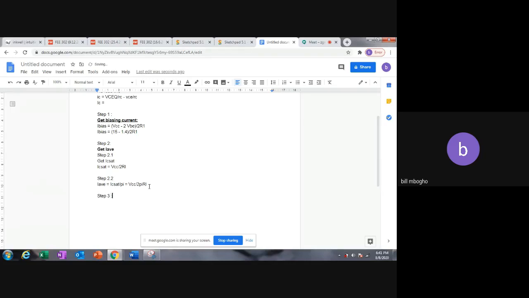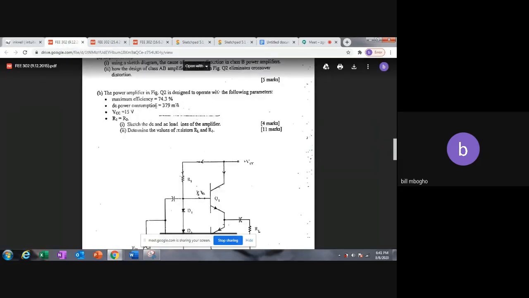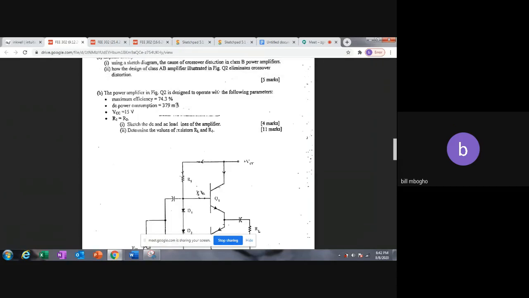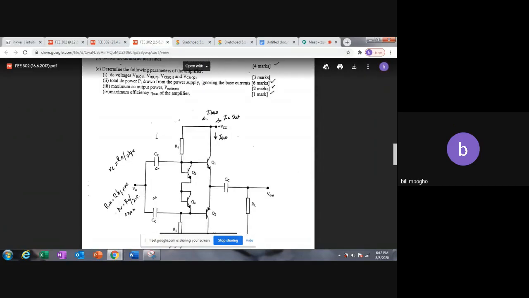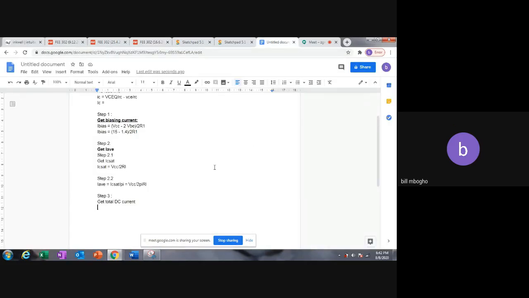Now, step 3 would be to get total DC current. But we already know that the total DC current we've been given was 379 milliamps. So we just substitute it into that equation. So here we have 379 milliamps is equal to the first one, which was VCC.